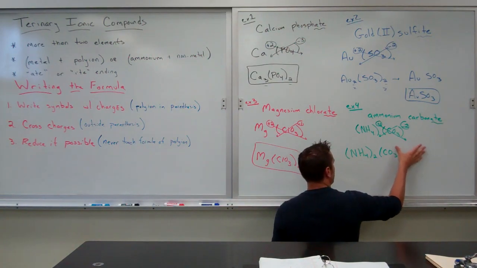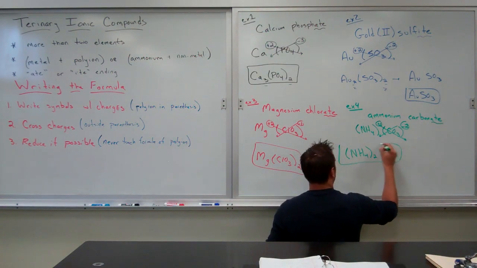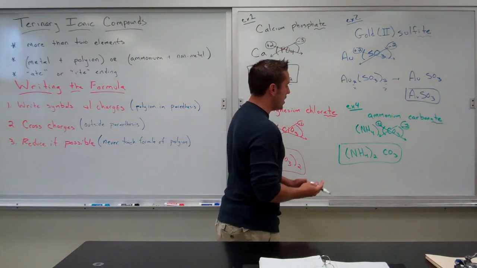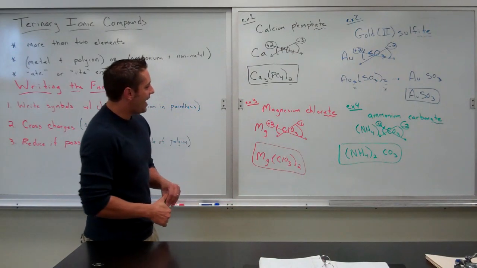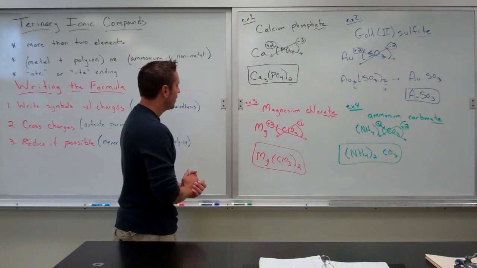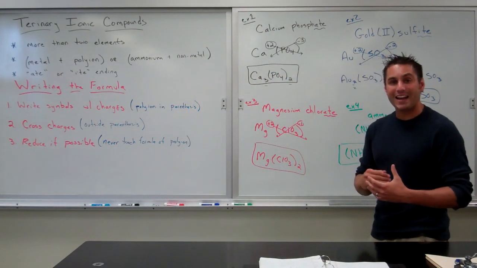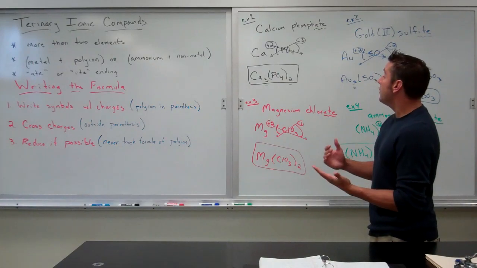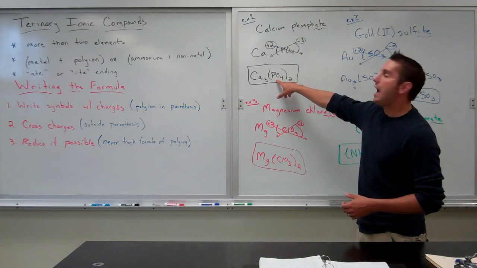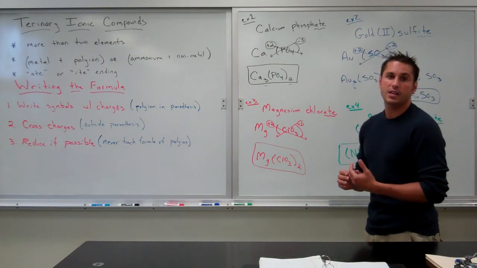So we just simply drop the parentheses and get that the correct formula for ammonium carbonate is (NH4)2CO3. So notice, very, very similar to what we did with binary ionic compounds. The only difference is you get a polyion that has a charge to cross down instead of just a separate element that crosses down.